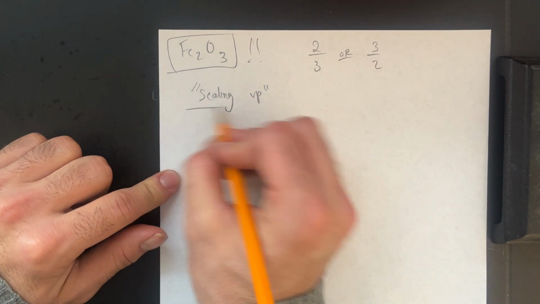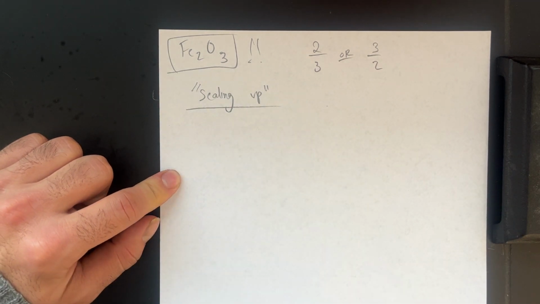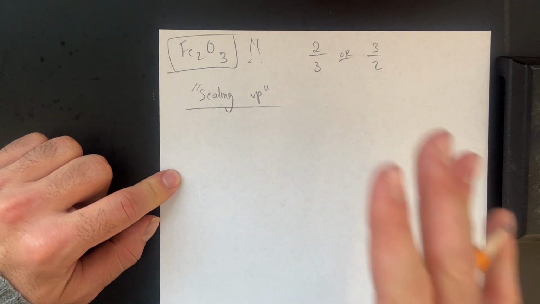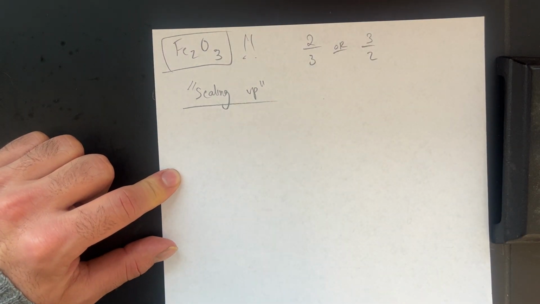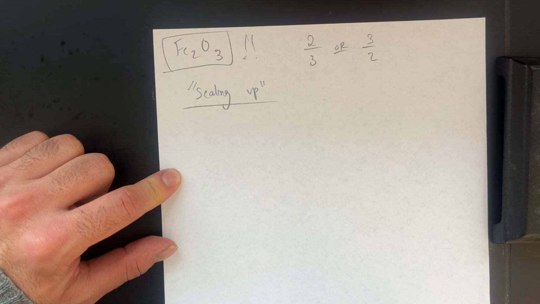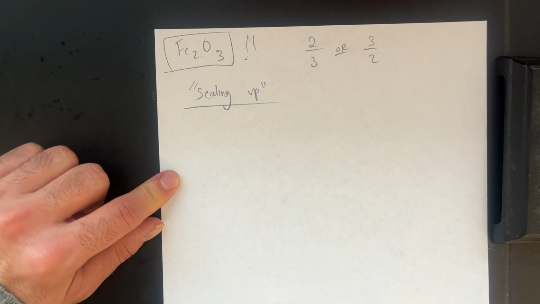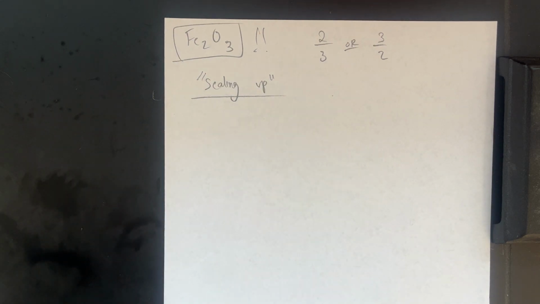But for AS, for scaling up, what I'd recommend is, you could guess and check, to be like, okay, times 2, times 3, times 4, see what works. But what I'd recommend is to think of numbers in terms of their fractions and mixed ratios.